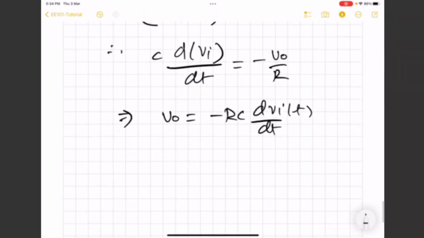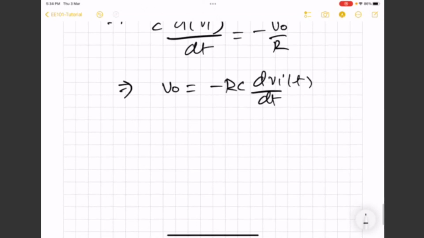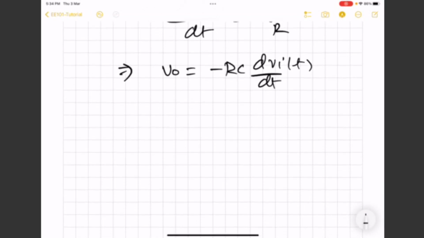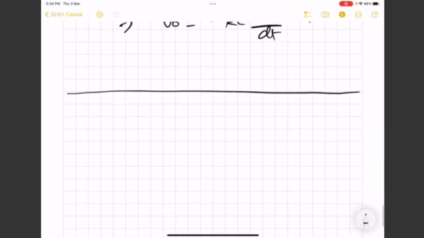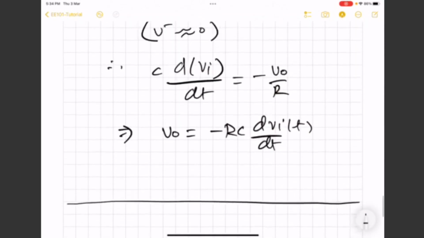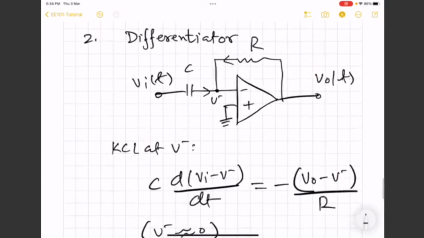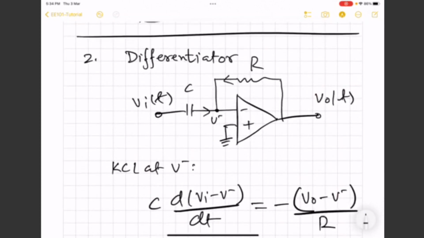So here we see that we have an output which is the derivative of the input. In place of Z2, here you can see that now we have R, and in place of Z1 we have C.